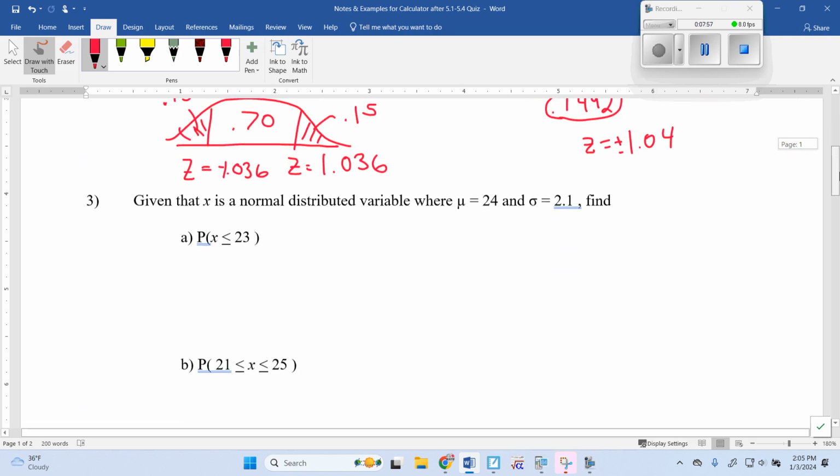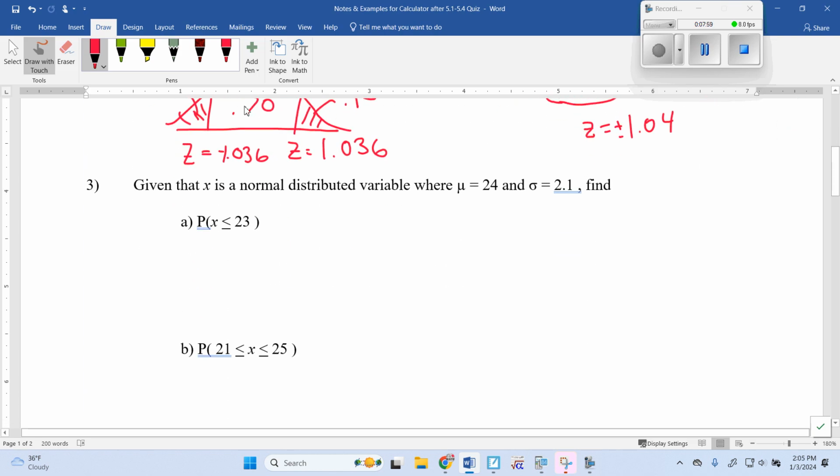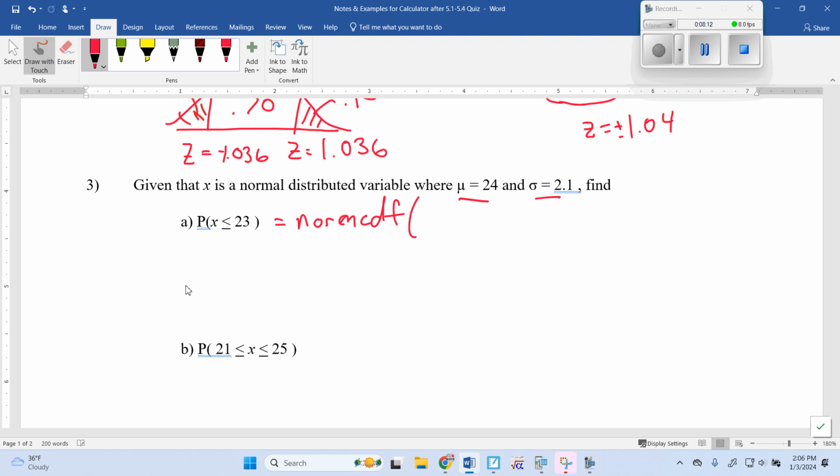If we have something like given the standard normal, now we have a new mean and standard deviation, right? So the way we're going to write this is normal CDF, lower, upper. If we want to draw a picture here to help us, here is 23 and it's less than, so it's going to go here.